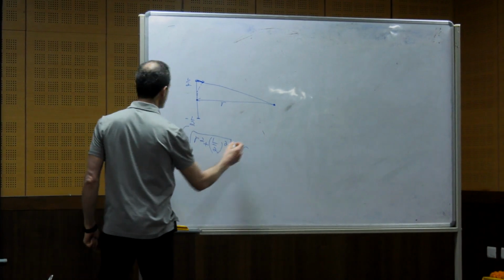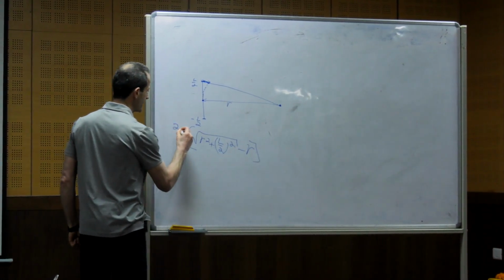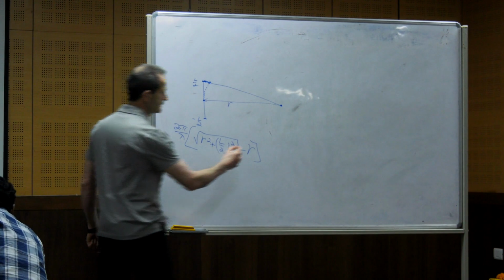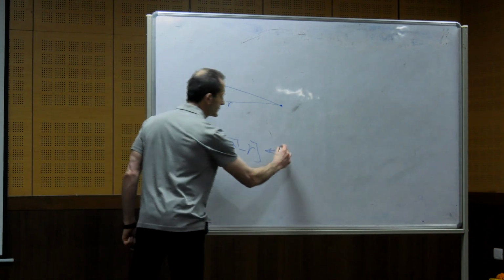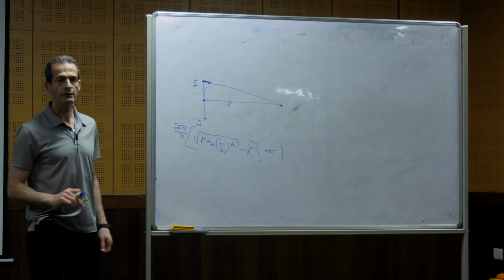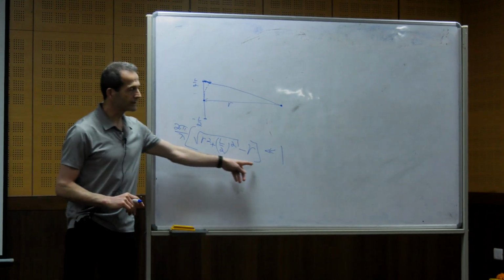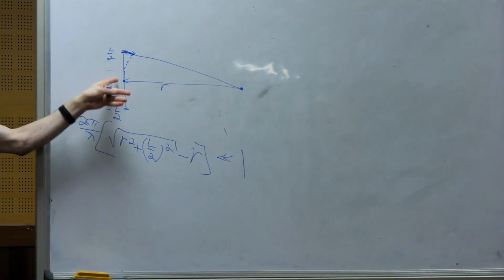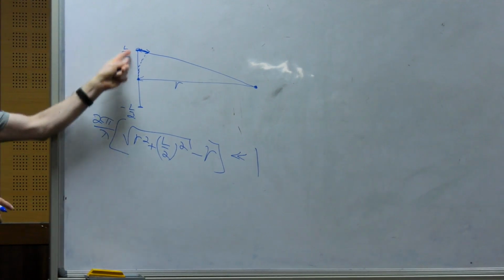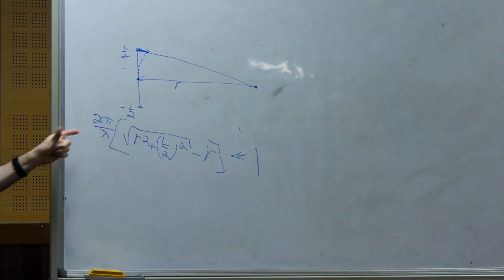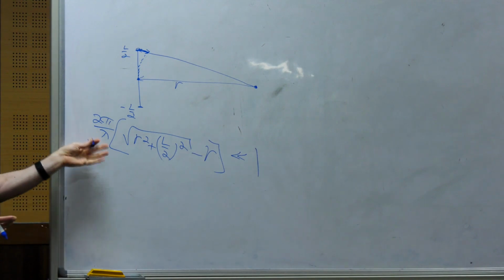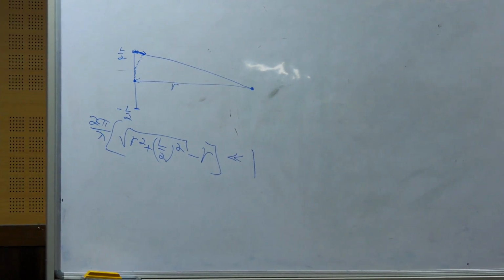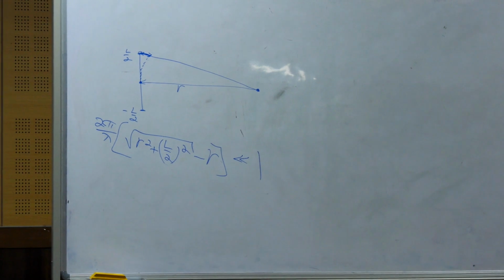So we take this difference and multiply it by 2 pi over lambda, like this. So this should be much smaller than 1 radian. If it's very small, it means that we can consider the spherical wave, for the purpose of measuring the electric signal at the output of the aperture, as similar to the response that comes from a far field signal. So that's why this is the approximation.